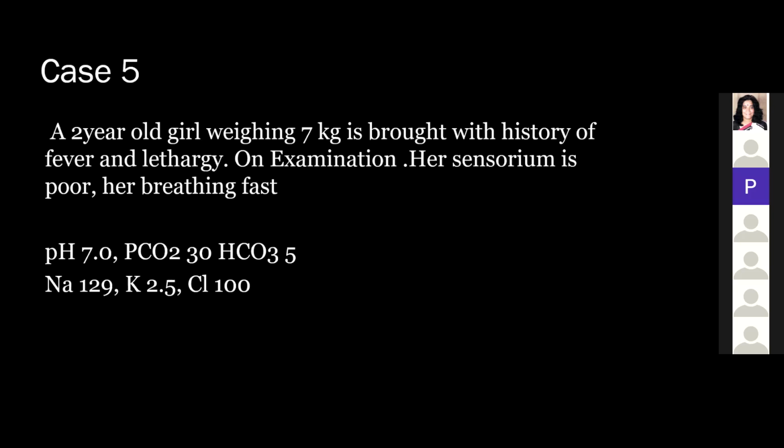Bicarb is 5, which goes with acidemia. So it is metabolic acidosis, and the compensation is inadequate. Compensation should have been 18, but PCO2 is 30, and the anion gap coming is 24. So it is metabolic acidosis with compensatory respiratory alkalosis with high anion gap.